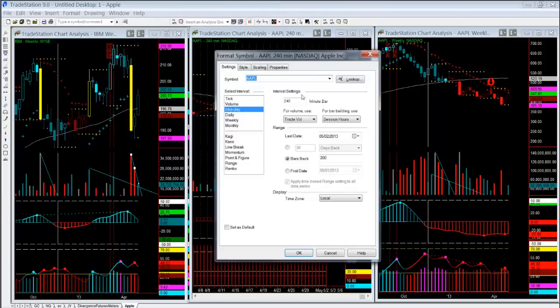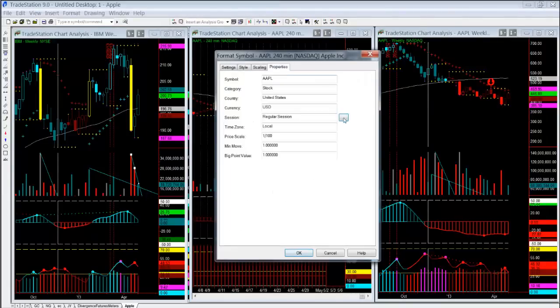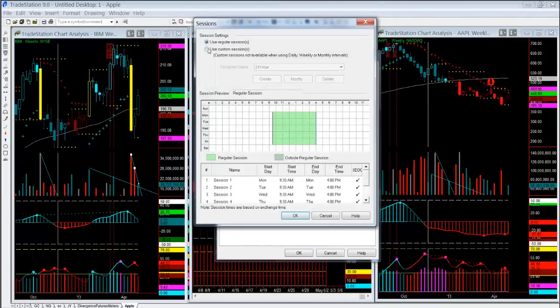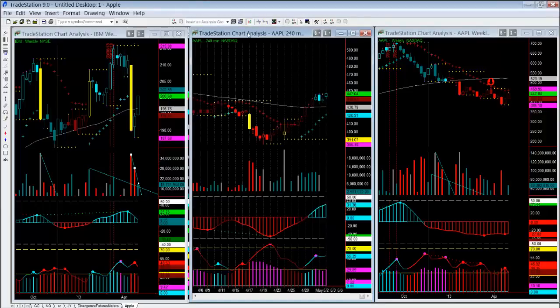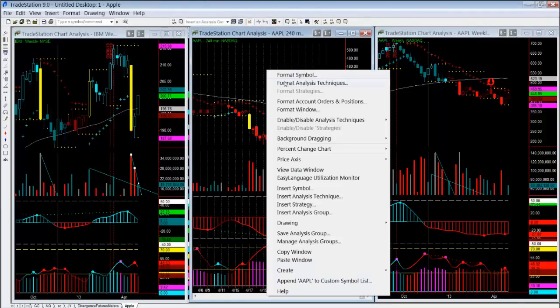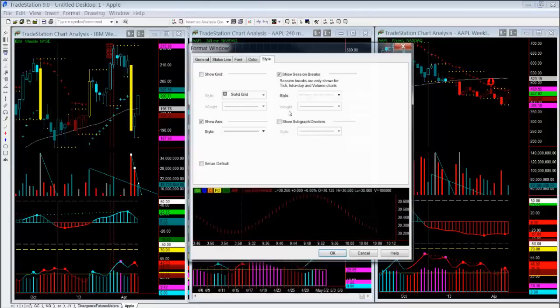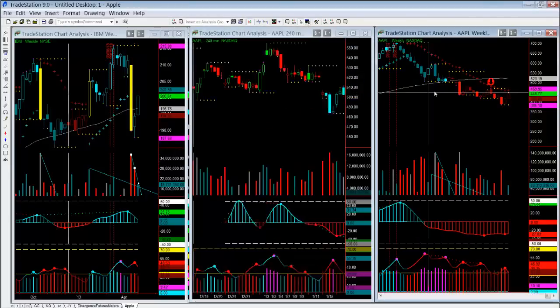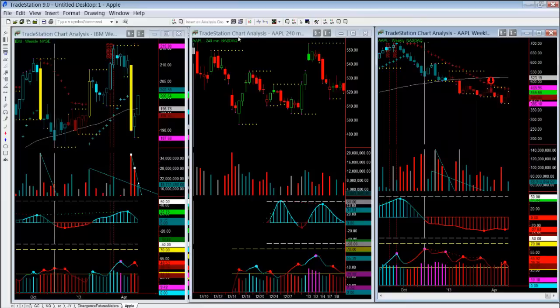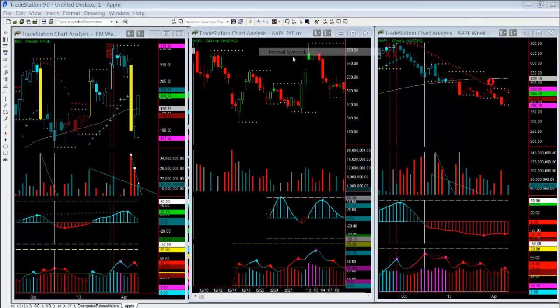And let me format this. Custom session stocks. Now let me format the window. Okay, I need more bars back.